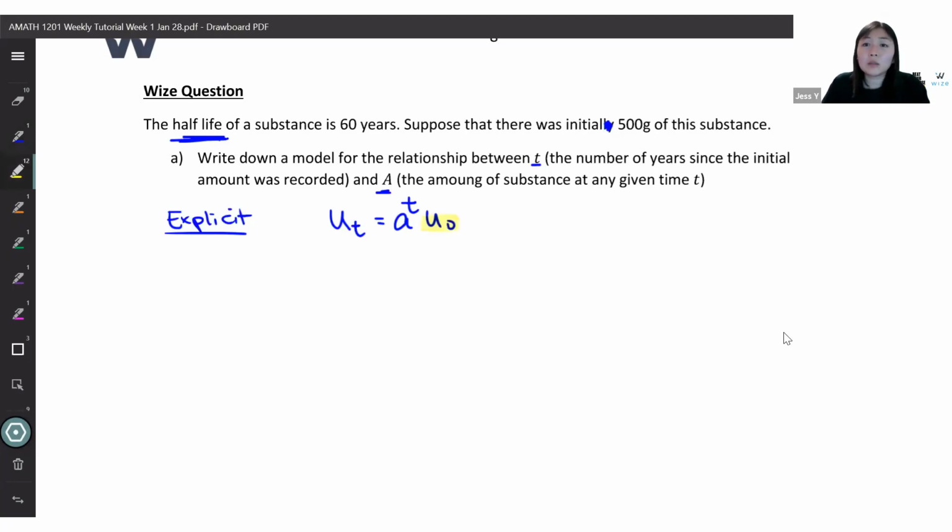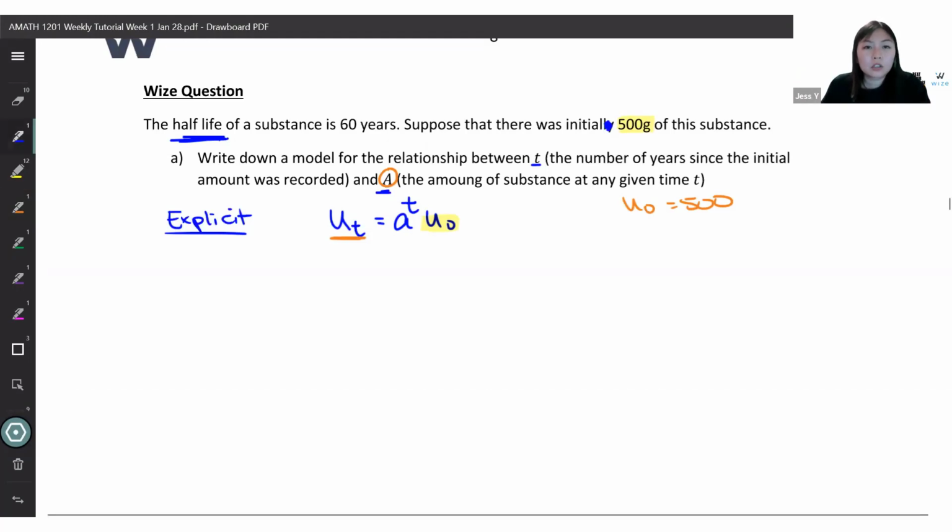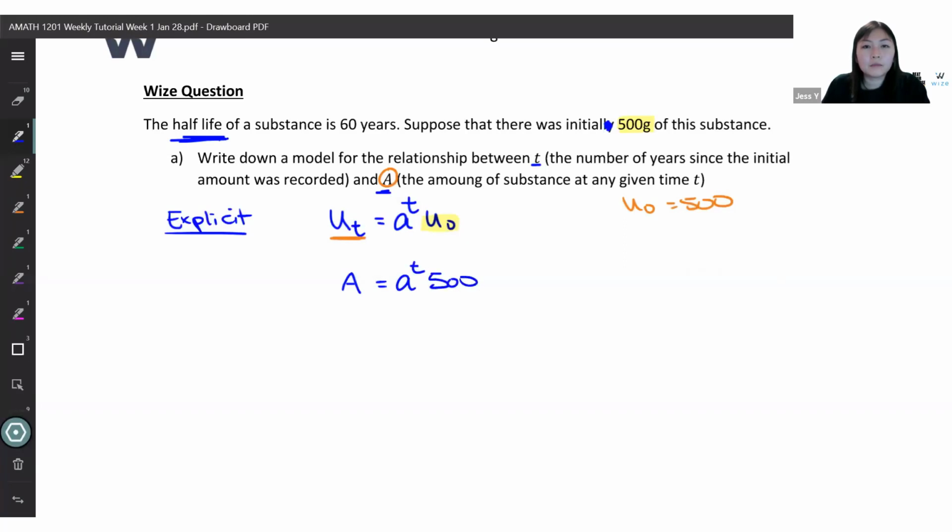They told us the initial amount is 500. So we know u0 is 500. I'm also going to replace this u sub t with what they want, which is A. They don't want to call it u sub t, they want to call it A, the amount of substance. So I'm just going to rewrite my equation. A equals a to the power of t times 500.